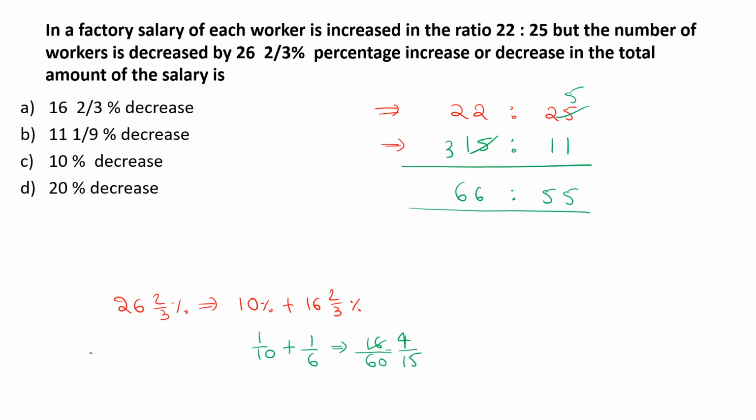The previous wage was 66 and the current wage was 55. 11 is decreased out of 66. 11 by 66 is 1 by 6, and 1 by 6, when expressed as a percentage, is 16 2 by 3%. That is option A, 16 2 by 3% is our answer.